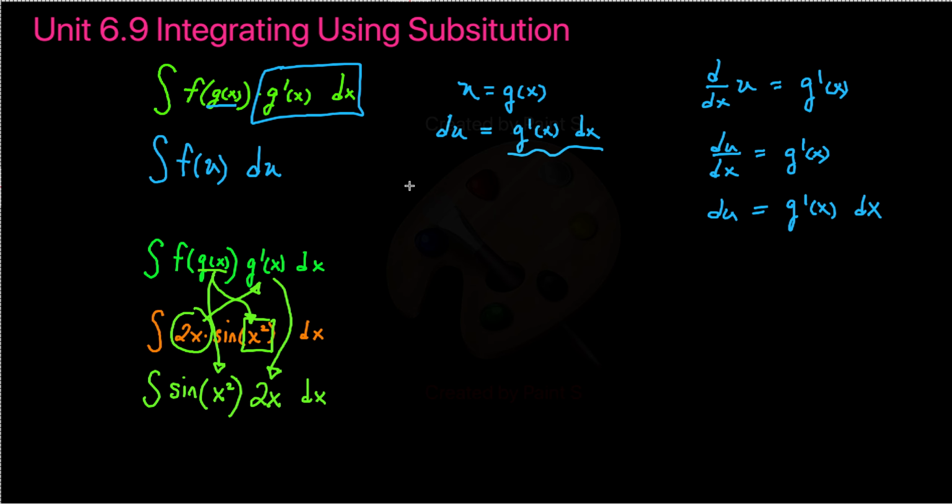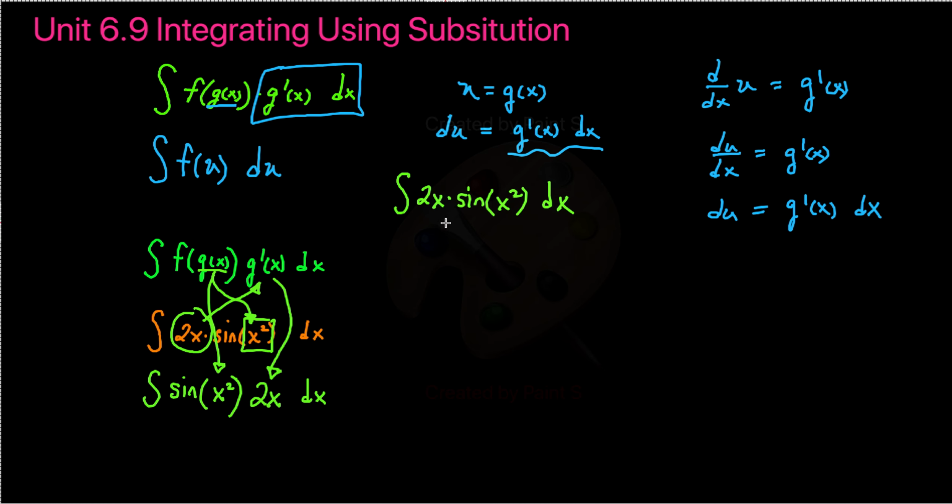Now, if you look at this antiderivative, let's just write it as 2x as I originally wrote it, because you will need to be able to identify it like this. It's probably more common to write this antiderivative with the function on the inside like this.